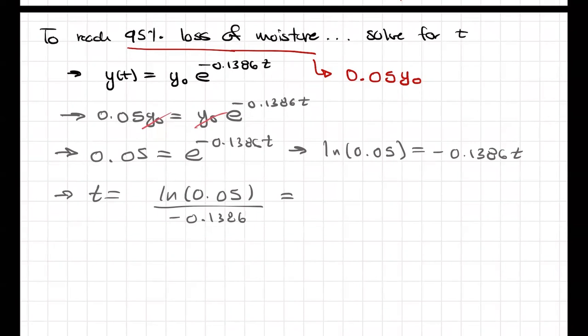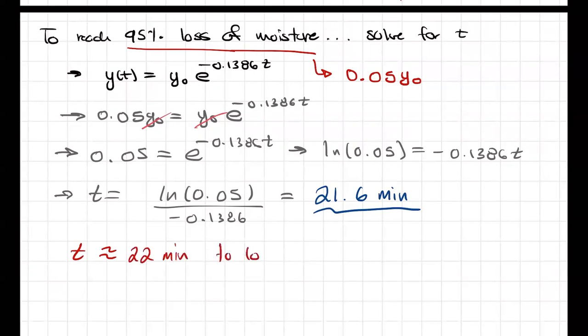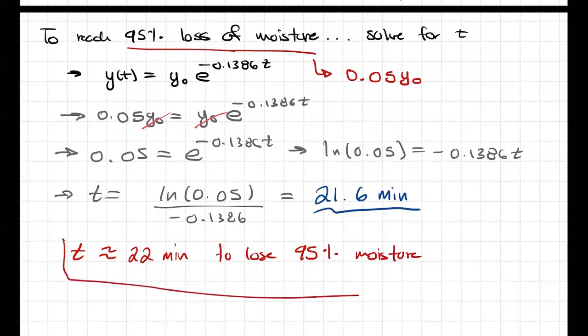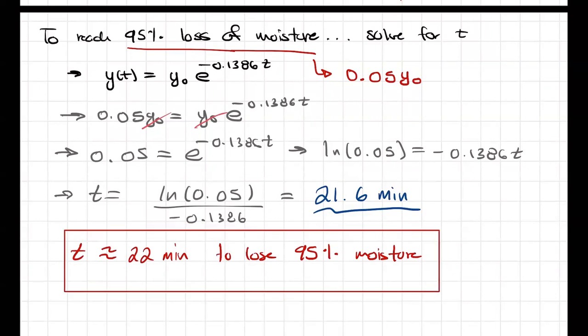The answer is 21.6 minutes. That's the unit we have been working in since the very beginning. So the time needed to reach 95% moisture loss is 22 minutes. So 22 minutes to lose 95% of water, humidity, or moisture content. And this is our answer.